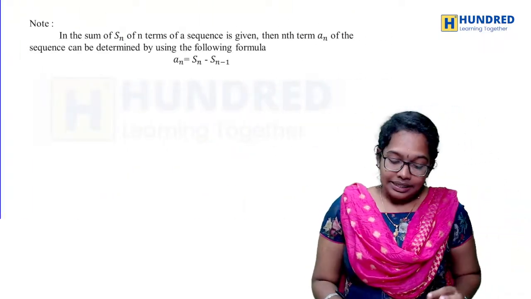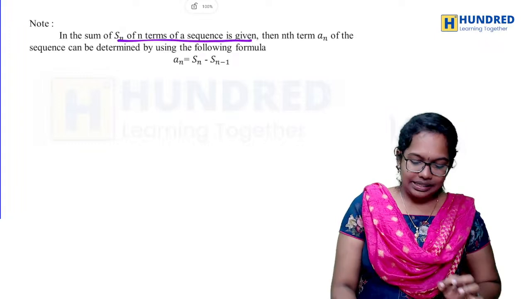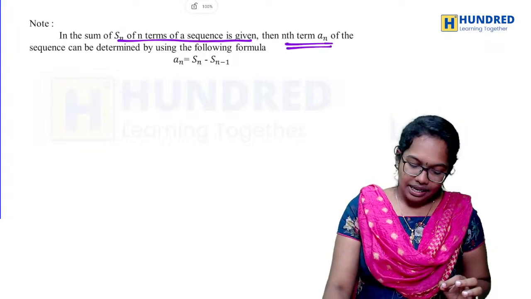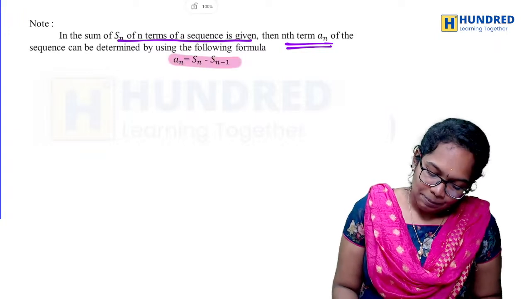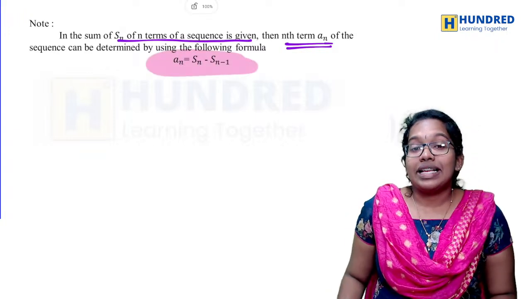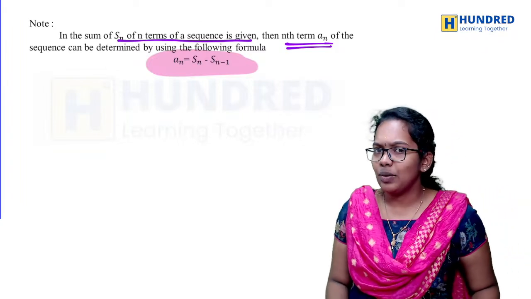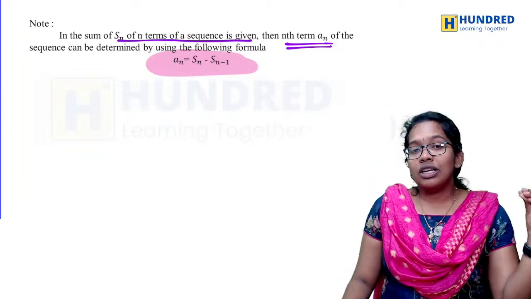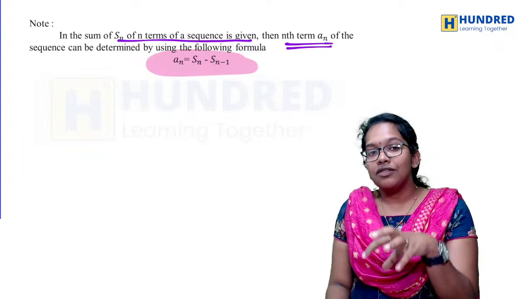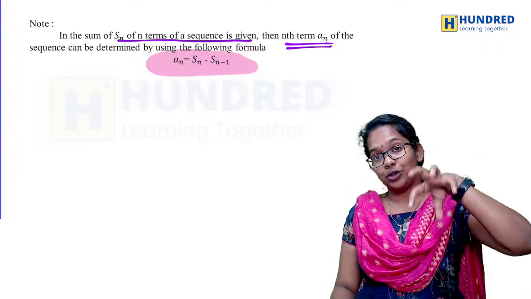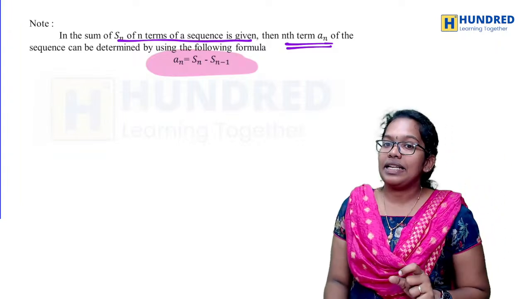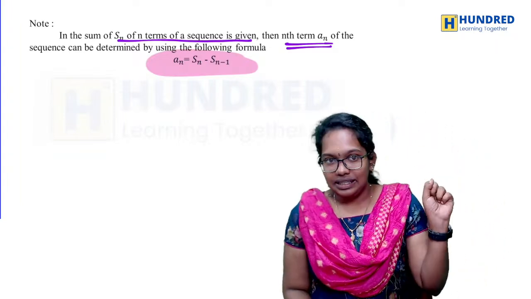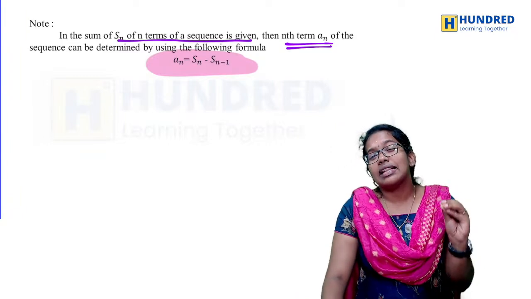If the sum of n terms of a sequence is given, the nth term an of the sequence can be determined by using the formula an is equal to Sn minus Sn minus 1. So if in the question they have given you the sum of n terms of a sequence, then how can you find the nth term value?